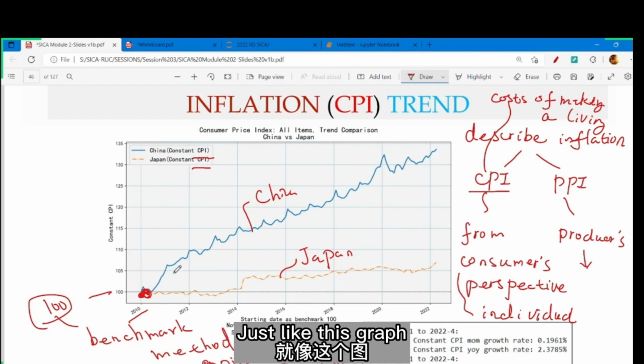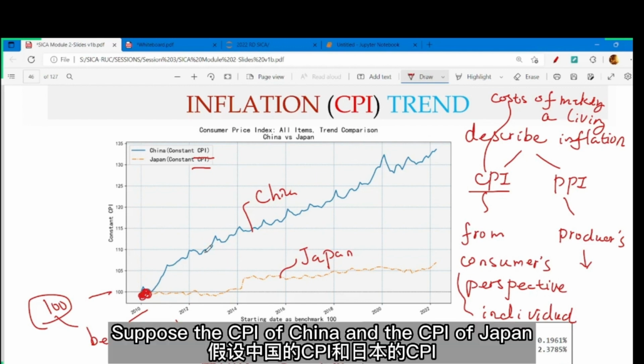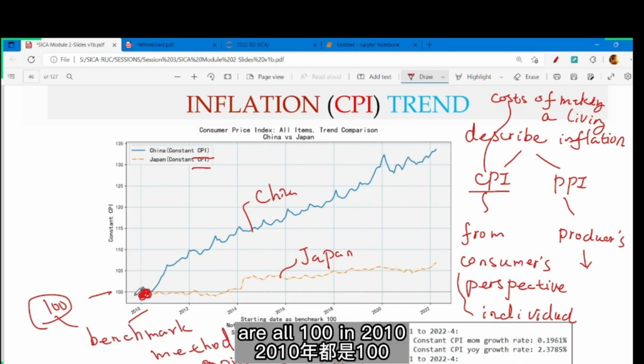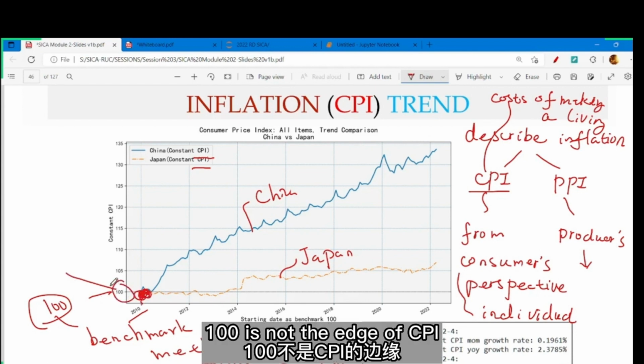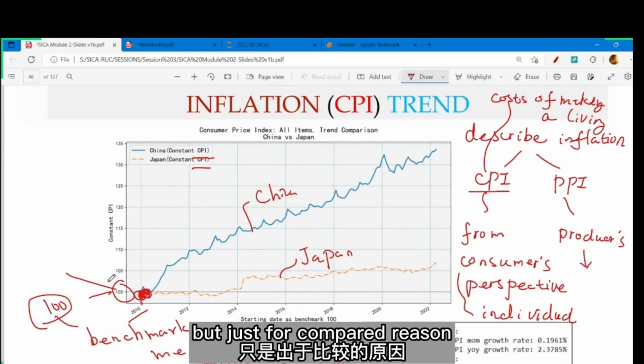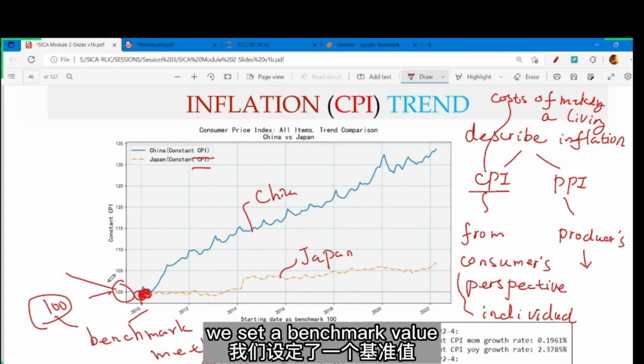Just like this graph. Suppose the CPI of China and the CPI of Japan are both 100 in 2010 as a benchmark. Please be aware, 100 is not the actual CPI, but just for comparison, we set a benchmark value.